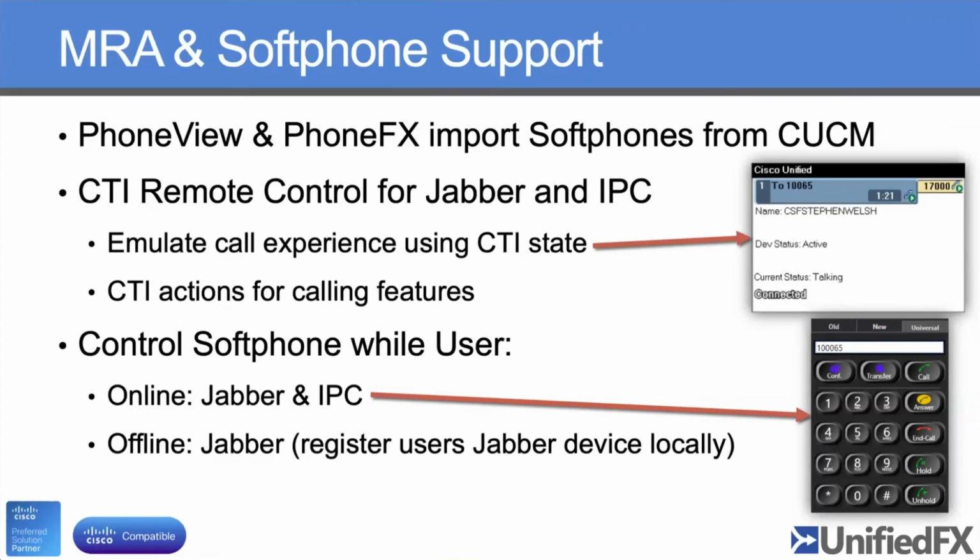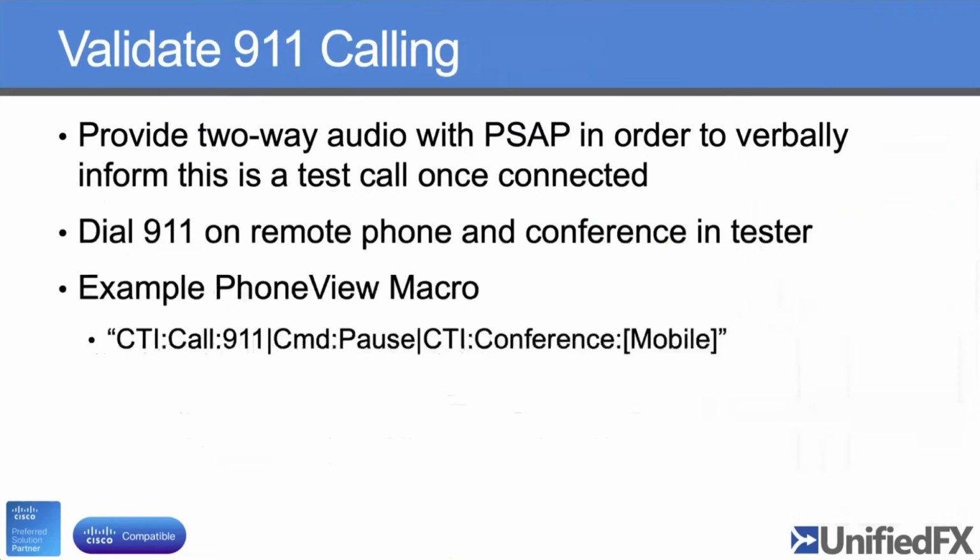It's actually performing a logical call operation, and that means it works with anything that can be CTI controlled. That includes Webex Calling, Communication Manager, Jabber endpoints, even old IP Communicator, and obviously MRA phones. So pretty much anything works in that scenario.